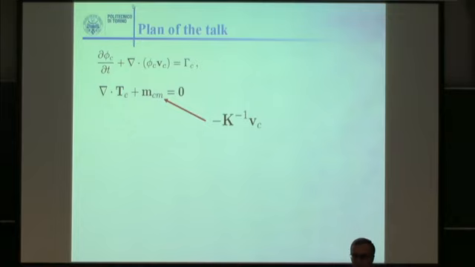In most papers, this term is taken to be proportional to the velocity, as we've already seen in some examples, for instance in Eva Paluch's talk and others. This force is just proportional to the relative velocity of the cell with respect to the extracellular matrix, like a viscous drag.